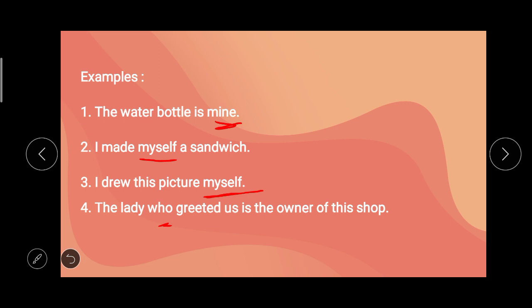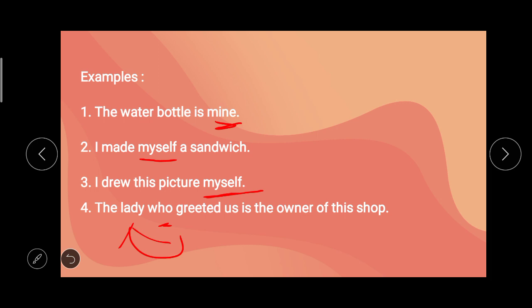So here you can see that this pronoun, that is who, has been used to refer or relate to the noun which is used earlier in the sentence, that is the lady. So this is called relative pronoun because it relates something in a sentence. So these are the four types of pronouns.